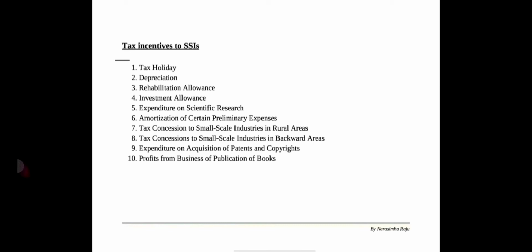The next tax incentive is expenditure on scientific research. Under Section 35 of the Income Tax Act 1961, the following deductions in respect of expenditure on scientific research were allowed: revenue expenditure incurred on scientific research related to the business of the assessee in the previous year; any sum paid to a scientific research association, university, college, institution, or to a public company which has as its object the undertaking of scientific research; and any capital expenditure incurred on scientific research related to the business of the assessee, subject to the provisions of Section 35(2) of the Income Tax Act 1961.